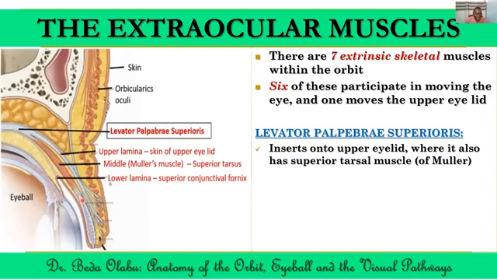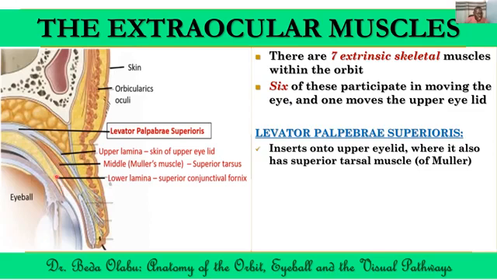As we can see, it goes to the superior tarsal plate, and that's why it's called the superior tarsal muscle. There are some slips of the levator palpebrae superioris that will go to the skin of the upper eyelid, usually blending with the orbicularis oculi muscle. And there's some part that will go to the fornix of the conjunctiva.